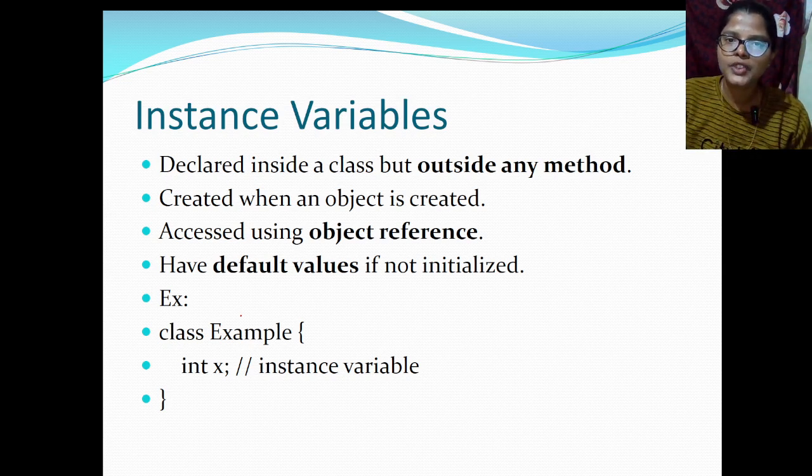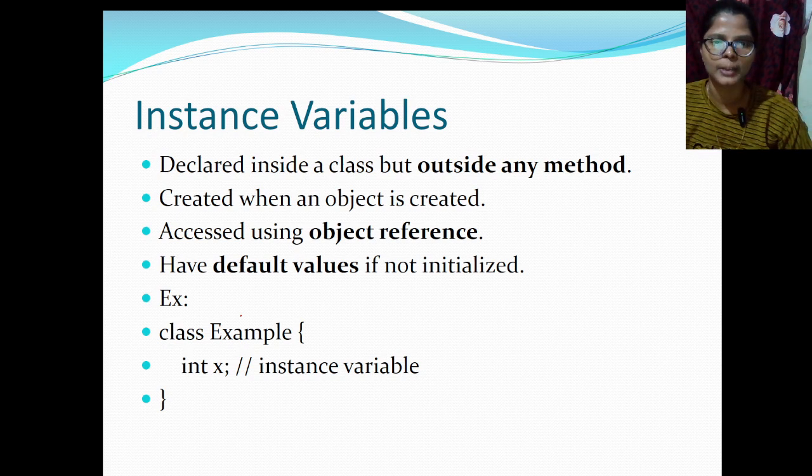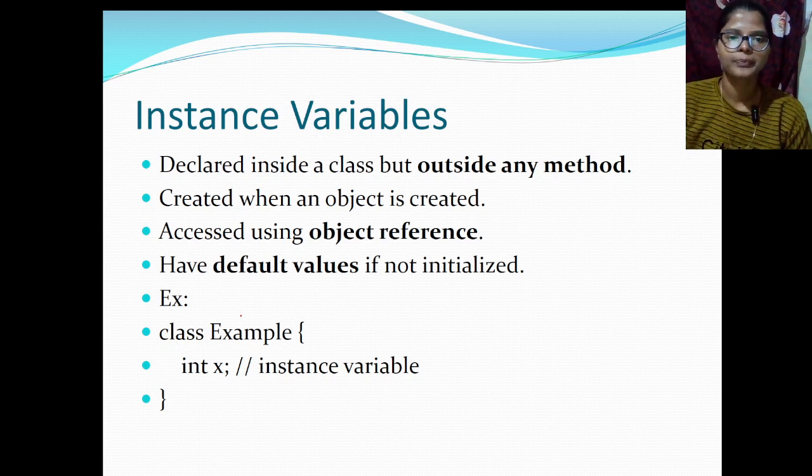An instance variable can be accessed outside the method. If it is a static variable, the data will be fixed and we can access the data directly. But for an instance variable, we need a reference called an object. Using that reference only, we can access the variable outside the method. This is the theoretical part.